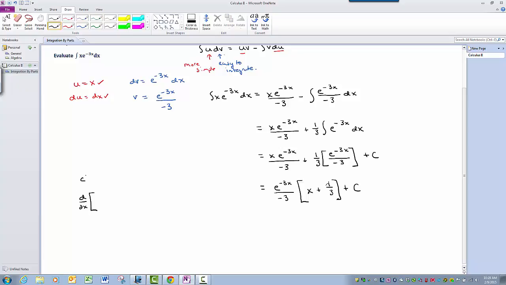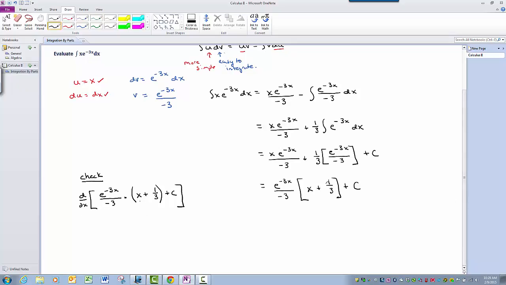So this is our check. When we differentiate that, we can do one of two things. We can multiply this together first and then differentiate it, or we can just leave it the way it is. I'm going to leave it the way it is, but I'm going to bring this into both these.